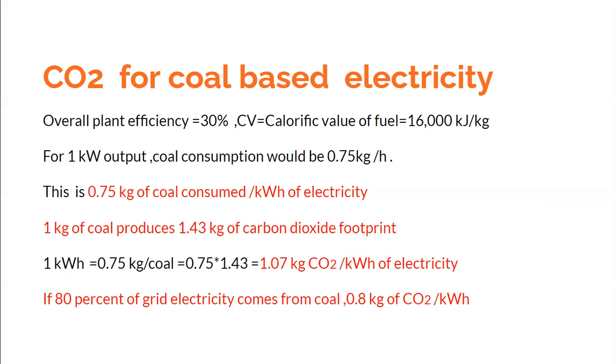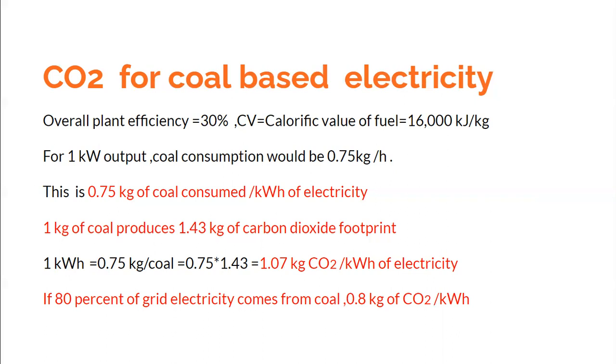It means that when we are consuming grid electricity, we emit about 0.8 kgs of CO2 for every kWh. Why is that? Because we have assumed that 80% of grid electricity comes from coal and 20% comes from renewables, which do not generate a carbon footprint. With this assumption, the carbon footprint per kWh has reduced from 1 kg of CO2 to 0.8 kgs of CO2.